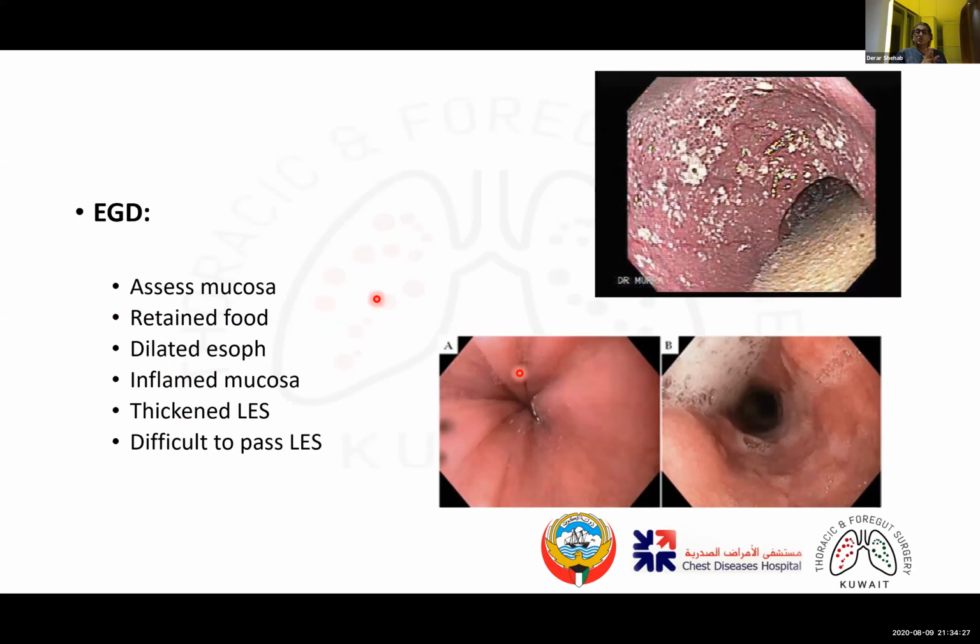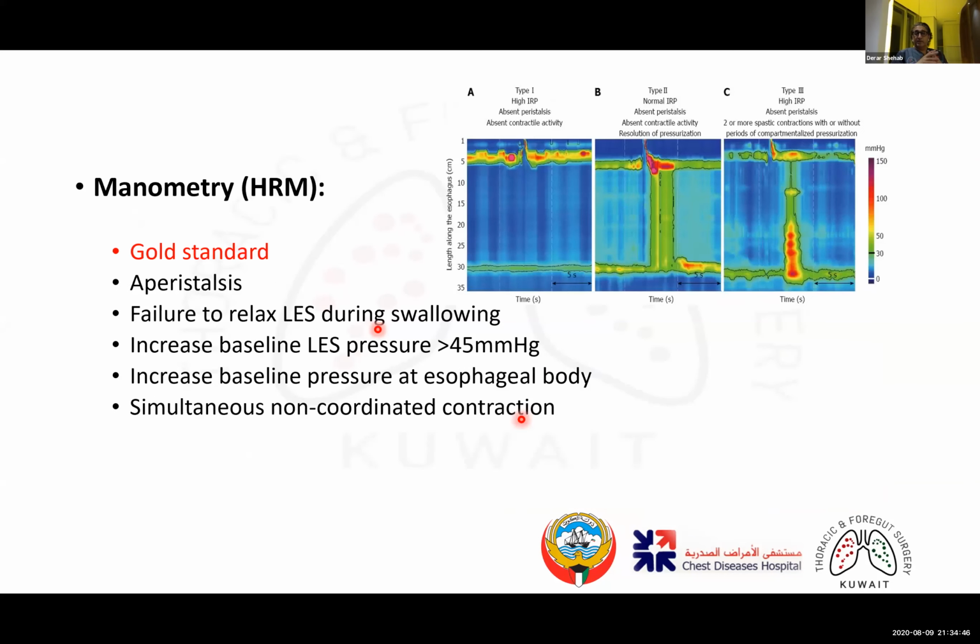On upper GI endoscopy, the classical finding is a dilated esophagus, some retained food, and difficulty passing the scope through the LES. But the gold standard to diagnose achalasia is manometry. Nowadays, we use high resolution manometry, the 3D manometry.